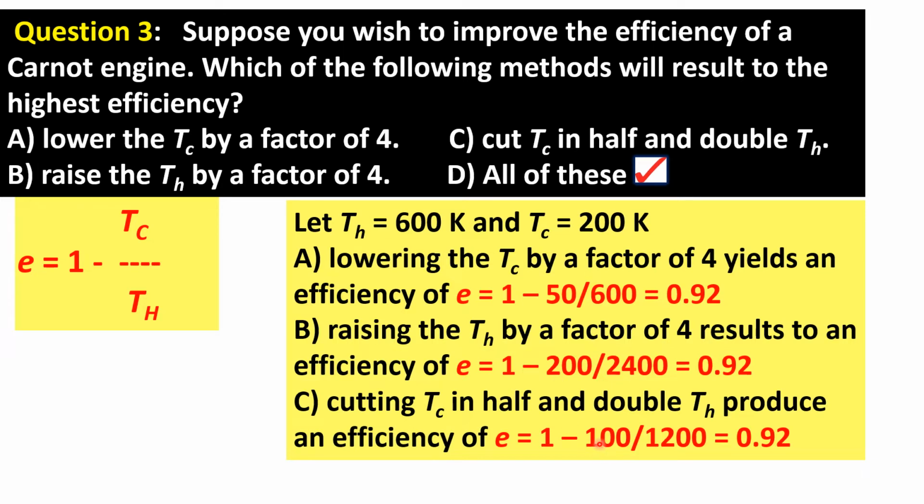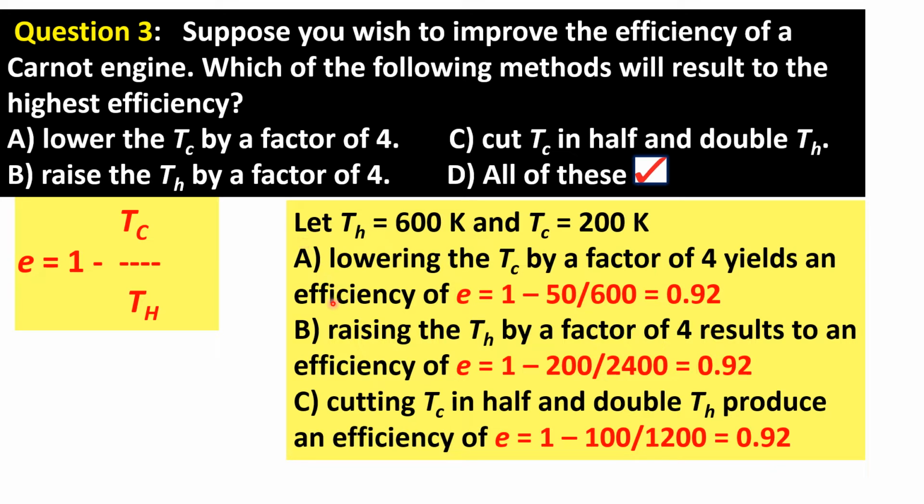Now doubling the TH, initially 600 Kelvin, we'll make it 1200, and solving for efficiency, 1 minus 100 divided by 1200 will give us the same value for efficiency, 0.92. Hence, our answer for this question is letter D. All of them are methods that will result in the same value of efficiency. We call it Carnot efficiency.